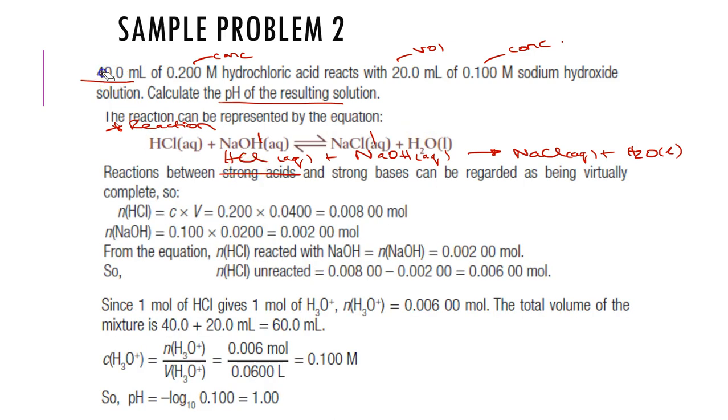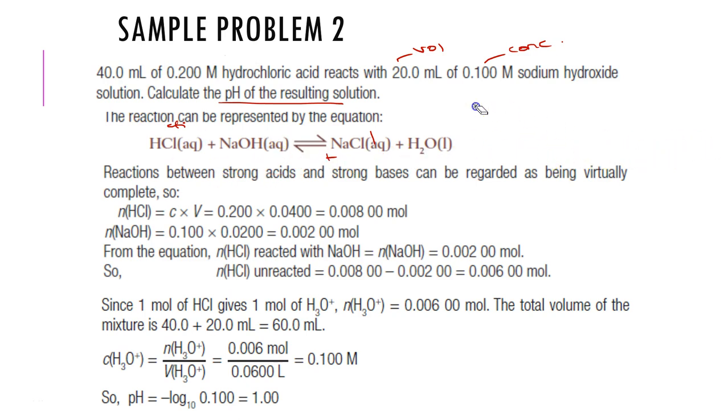Okay, hopefully you paused and did the calculations, but let's have a look at these in a bit more detail. As we said, we have a reaction that is occurring. We have HCl reacting with sodium hydroxide to form sodium chloride and water. If we use n is equal to CV, which is our concentration equation, we can find the number of moles of HCl.